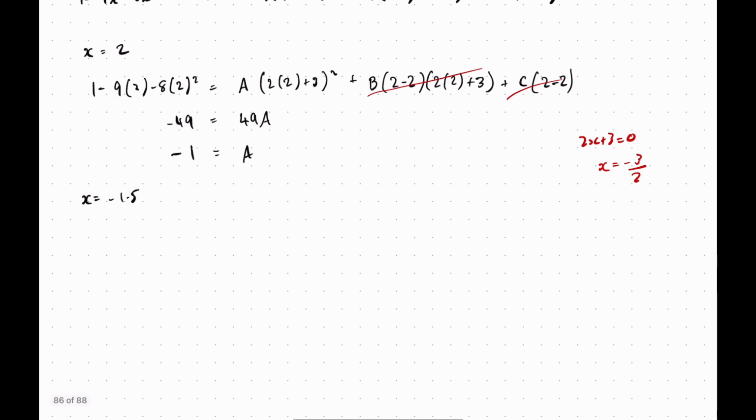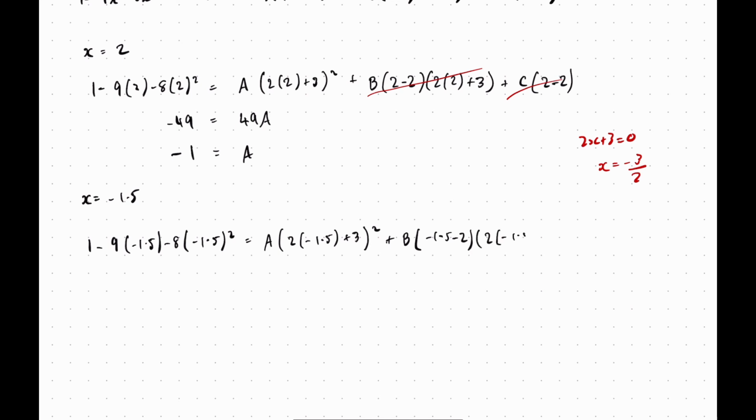So 1 minus 9 lots of minus 1.5 minus 8 lots of minus 1.5 squared is equal to a lots of 2 lots of minus 1.5 plus 3 squared, plus b, minus 1.5 minus 2, 2 lots of minus 1.5 plus 3, plus c lots of minus 1.5 minus 2.